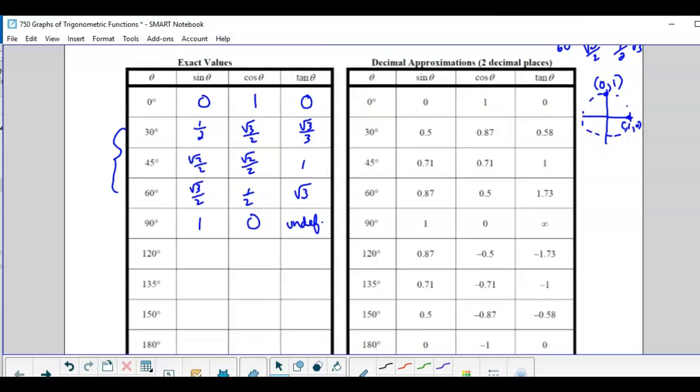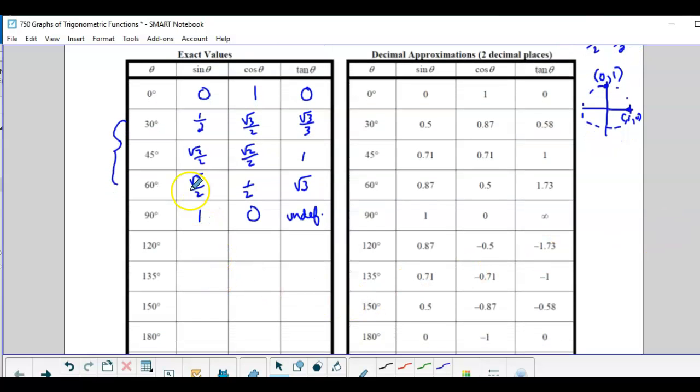So then 120 has a reference angle of 60 degrees, okay? For sine, it's going to be positive, so it's the same, root 3 over 2. For cosine, which is negative, it's going to be reference angle 60 degrees, so negative 1/2. And tan is also negative, so it's going to be negative root 3. Then 135, reference angle of 45, so same values, just whether they're positive or negative.